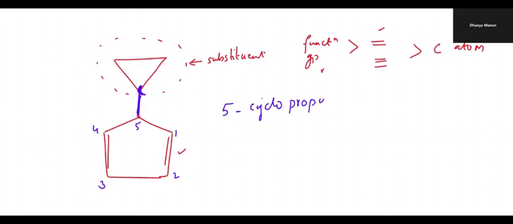From methane, if one hydrogen is removed, methyl. From ethane, ethyl. From propane, propyl. And then the substituent we have named. Now coming to the root word, cyclopent.